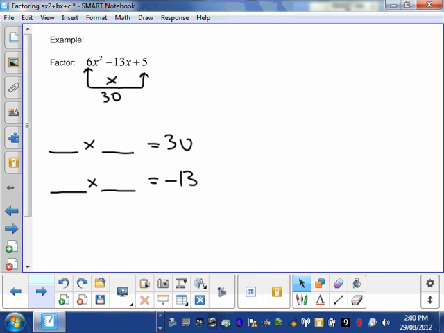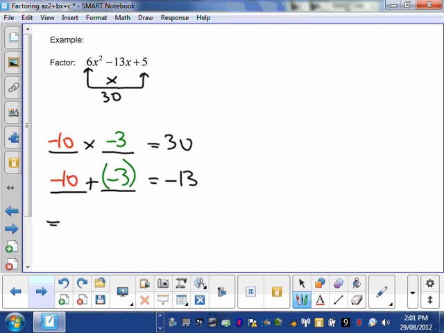If we are looking for those, I think it's negative 10 and negative 3. Let's check. I do not believe you, I always check. Negative 10 times negative 3 is indeed 30. Negative 10 plus negative 3 is negative 13. Indeed, you are right. Now I believe you. So I move on.